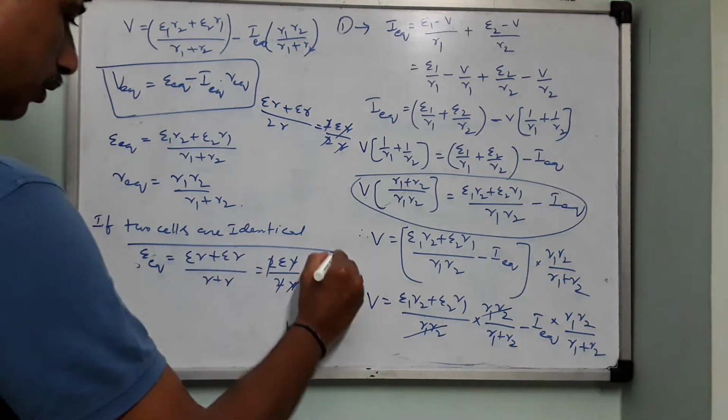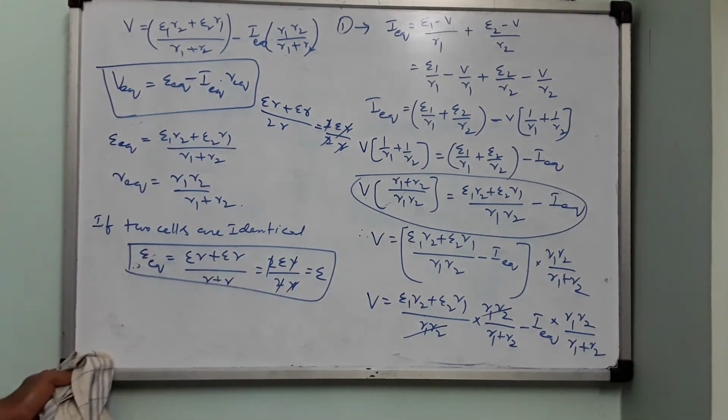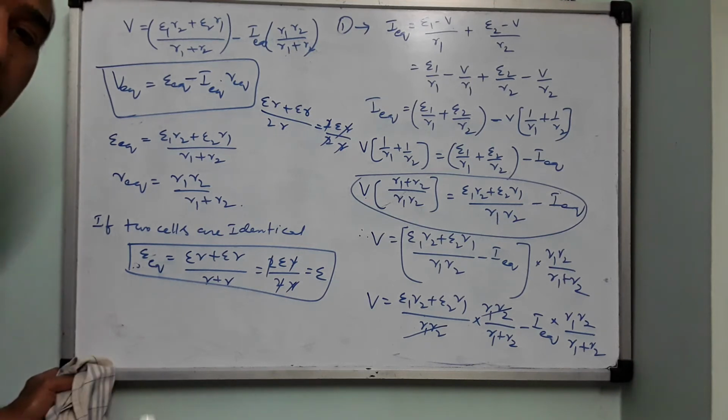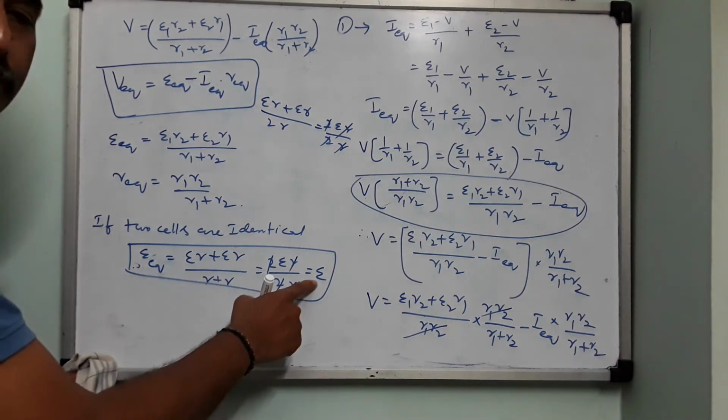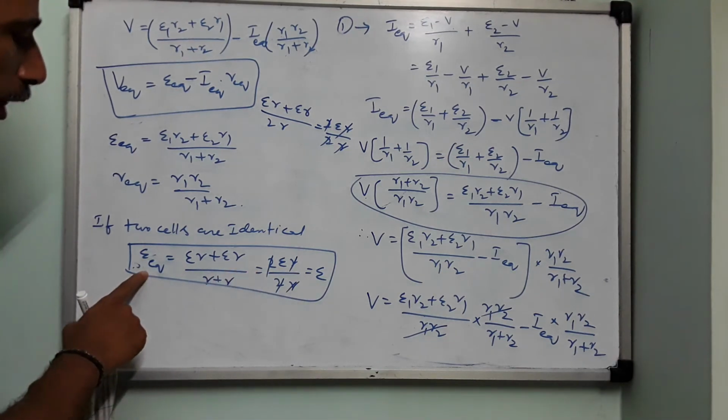EMF will be. What is the conclusion, children? In series, if the two cells are identical, we got the expression for E equivalent as 2E. Now you are getting E equivalent is what?